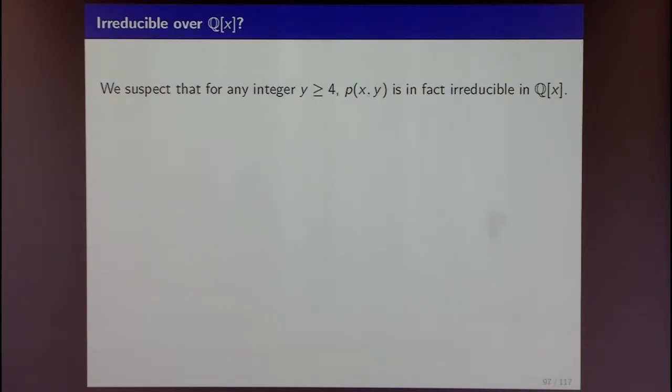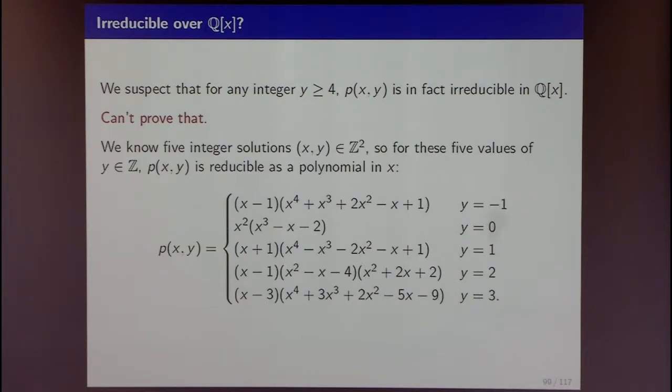And so presumably for every integer y bigger than or equal to 4, this is irreducible. And we can't prove that. We can prove it for every fixed y, but we can't prove that it is irreducible for every integer y bigger than or equal to 4. If it is irreducible, we can prove, again using Galois theory, that it satisfies the lattice condition.